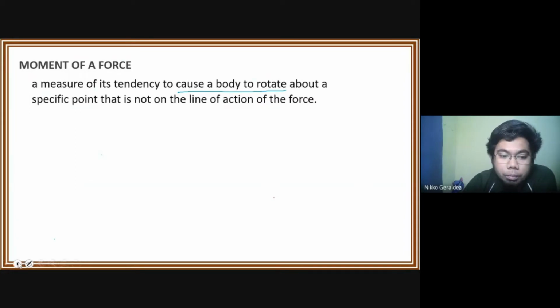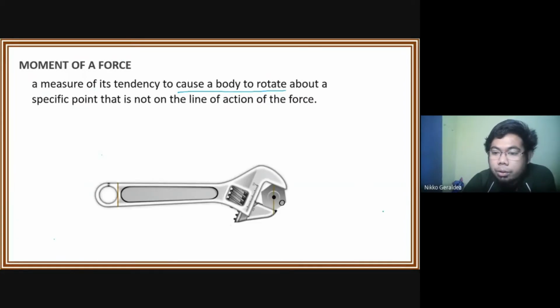Halimbawa, meron kang wrench, and sa wrench mo, meron kang bolt at point O. Ibig sabihin ng O, diyan natin makikita yung rotation when a force is applied to the wrench.